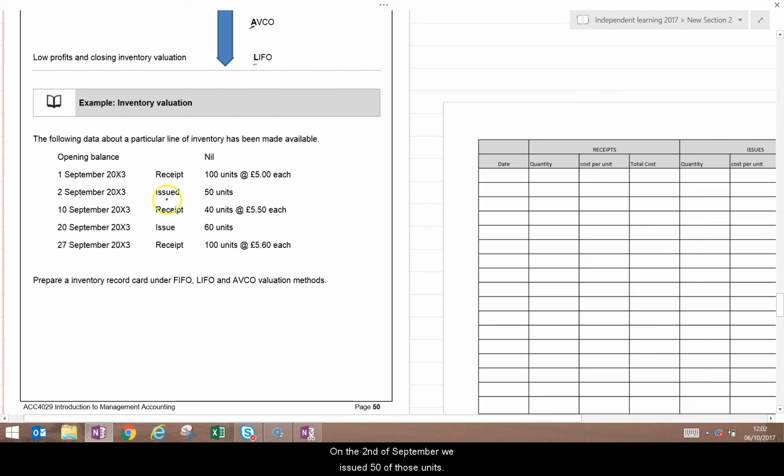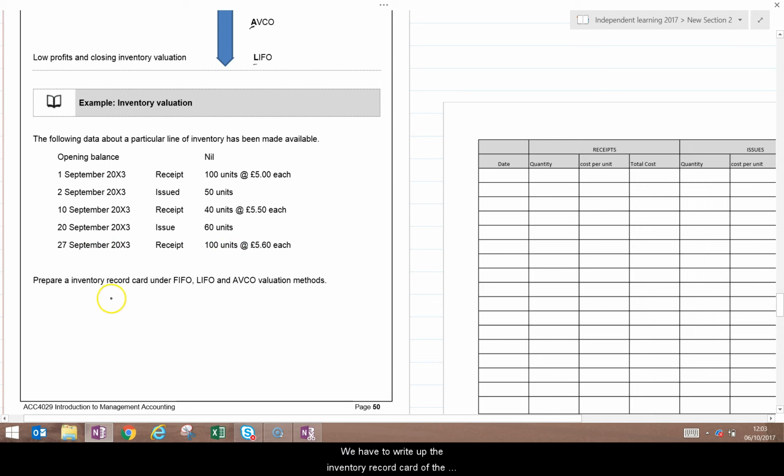On the 2nd of September we issued 50 of those units. On the 10th of September we had another receipt. Price has gone up. On the 20th of September an issue, and then on the 27th of September another receipt and the price has gone up again. So we've got rising prices.